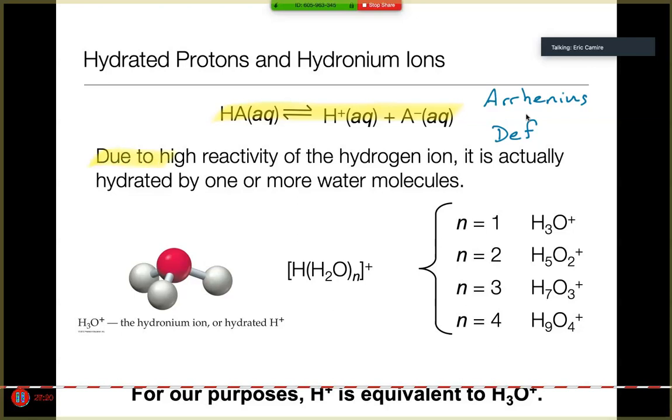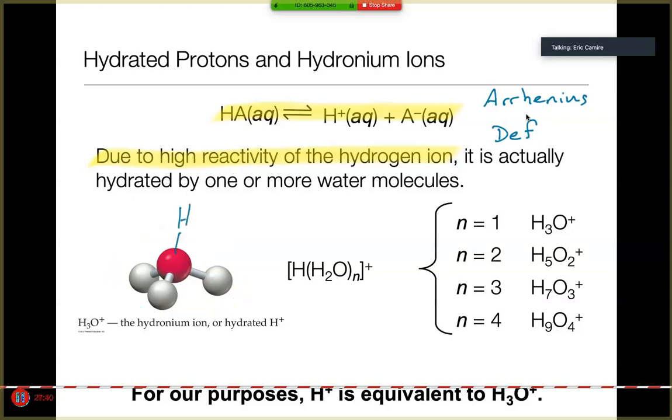Due to the high reactivity of that H plus, not the instability of it, the part that makes it fall apart, but it's just very reactive. The proton is just very reactive. It's looking for something to bind to or bond to. It's going to find water. So you start with water like this, but then somewhere on it, you're going to attach another proton. Right?